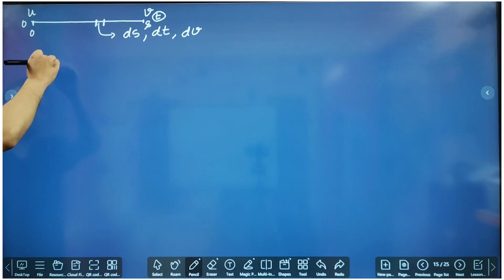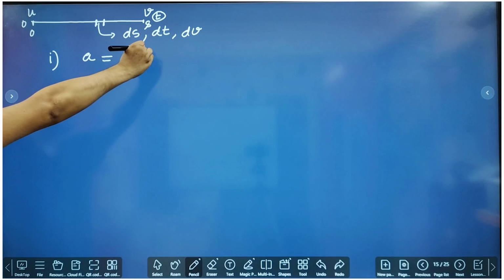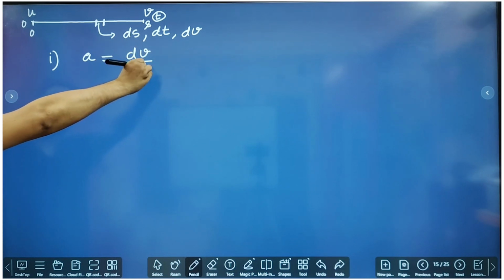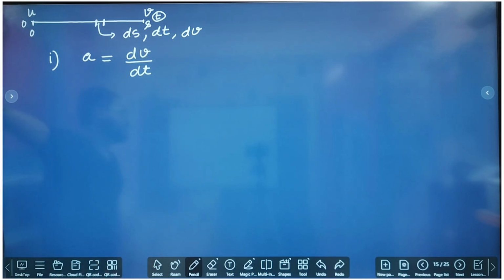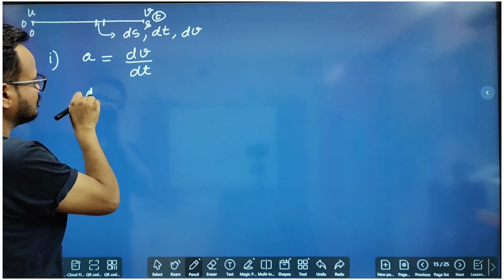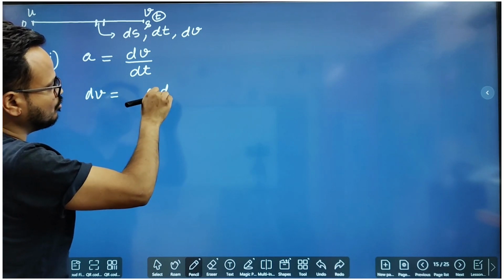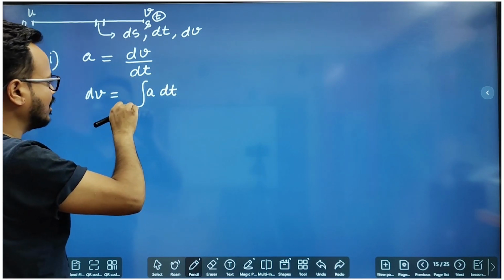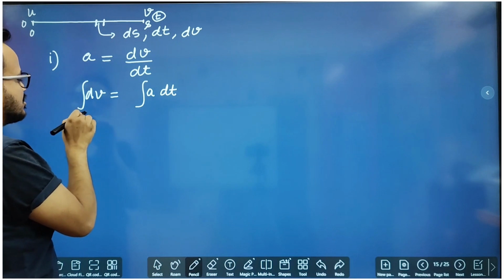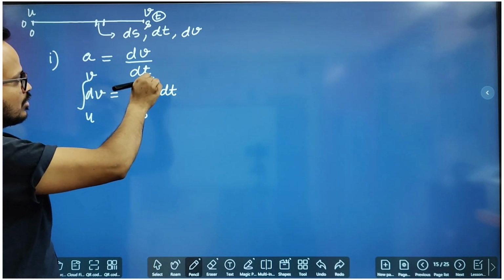For first equation we will apply the meaning of acceleration, which is dv by dt. So what is the value of dv? Value of dv is a into dt. So the total velocity change is u to v in 0 to t.